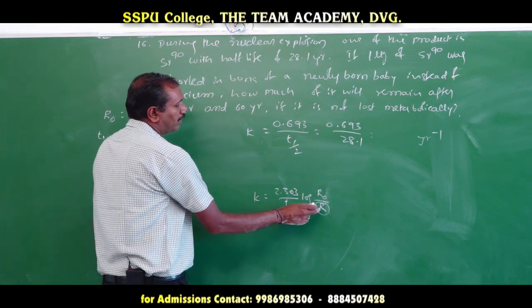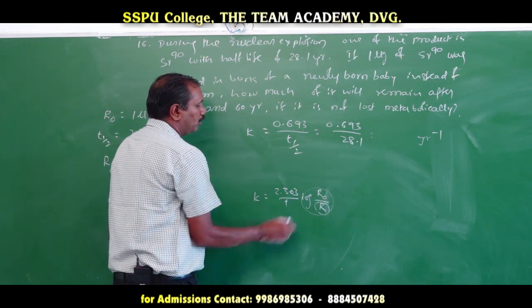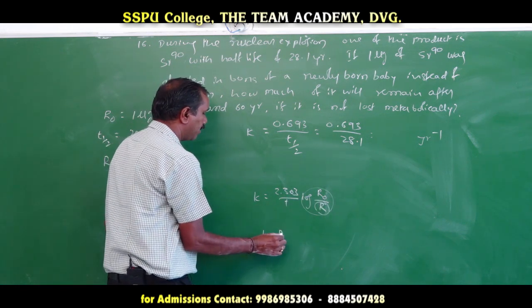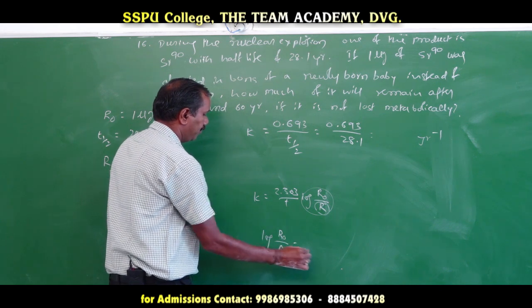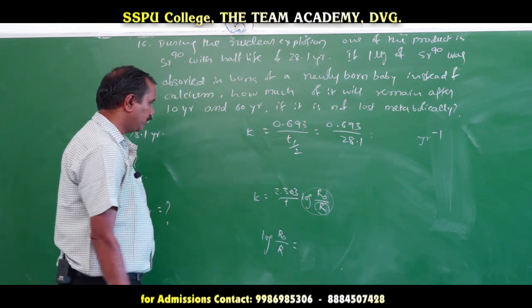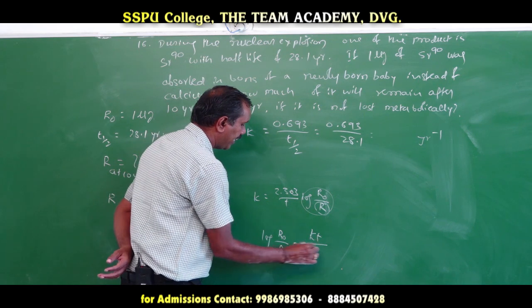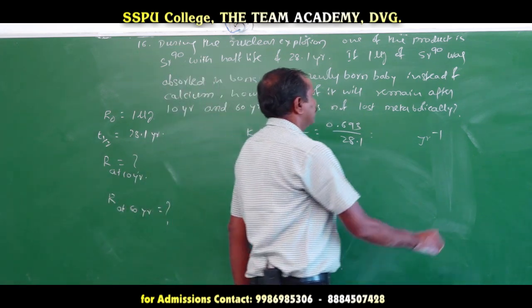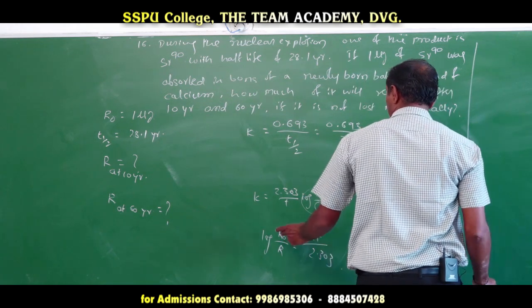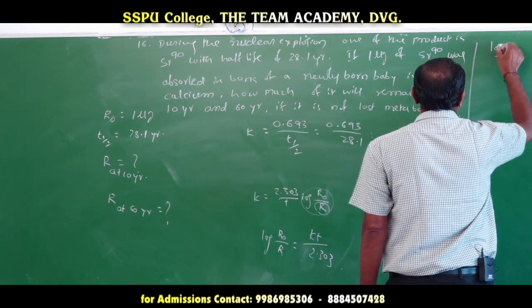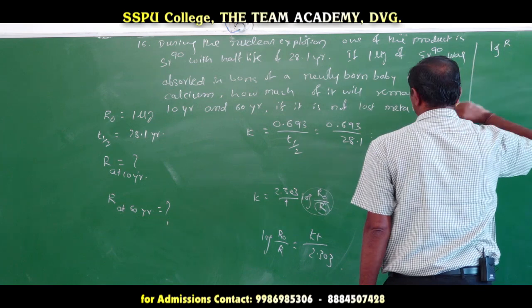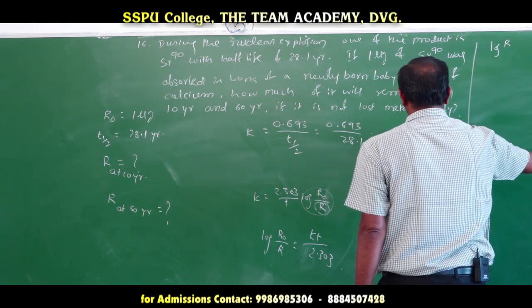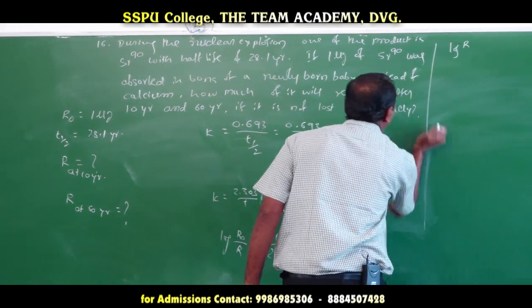So how to find out the value of R? To find that, we take log R naught by R, that equals KT by 2.303.